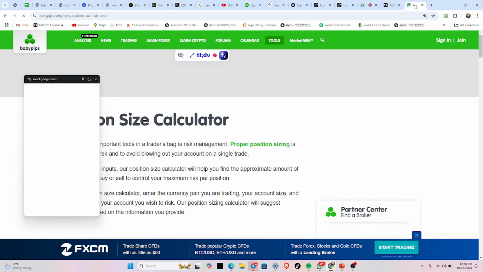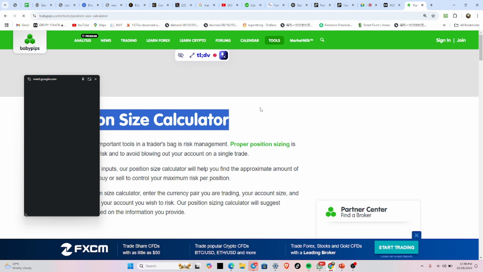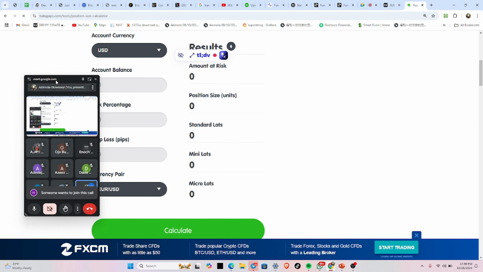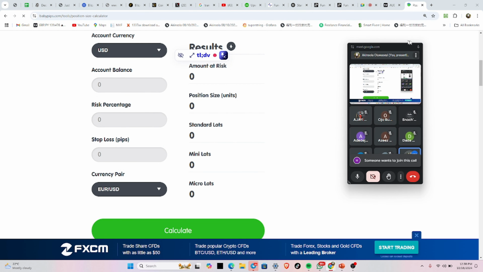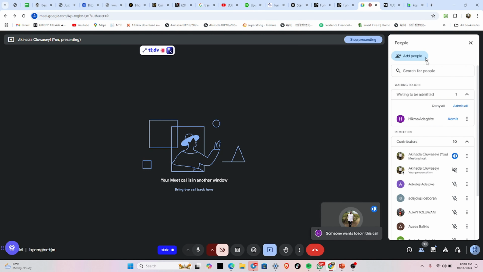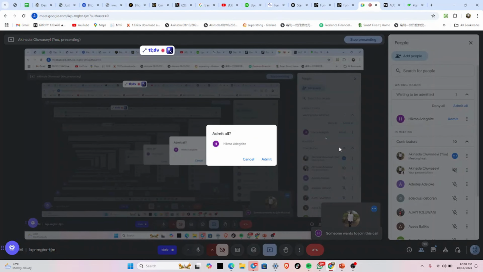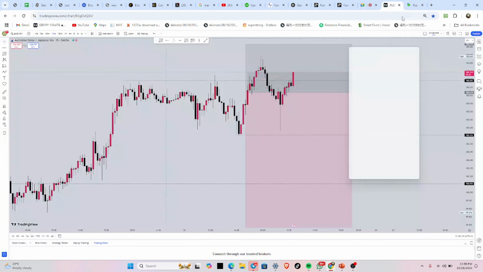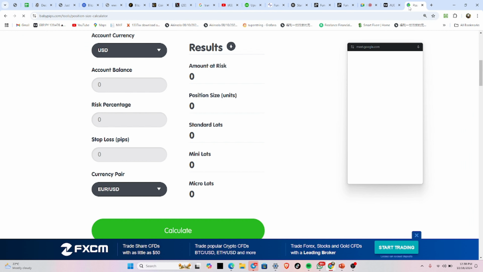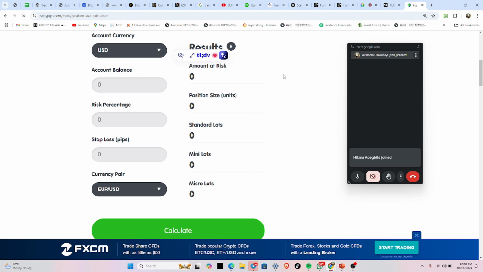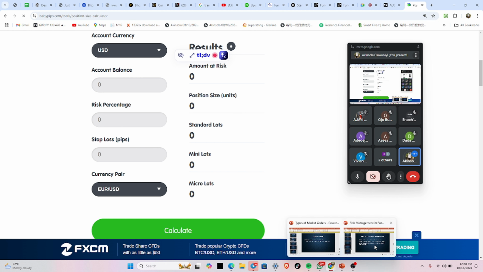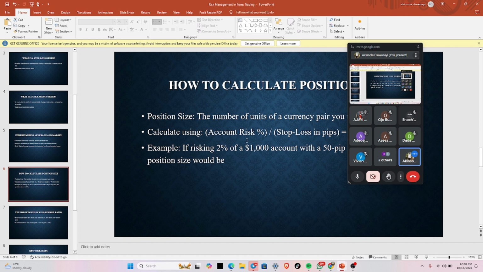It's loading at the moment. This is what we have here. This is the easiest way for you to calculate your position size. You don't have to stress yourself too much. I just want you guys to pass through the manual aspects first. www.babypips.com.